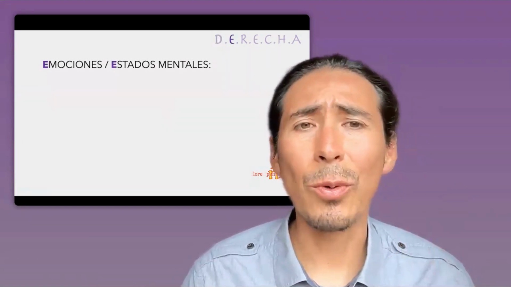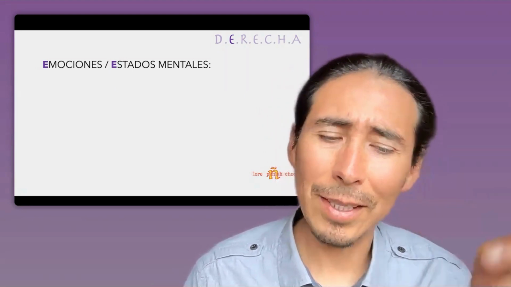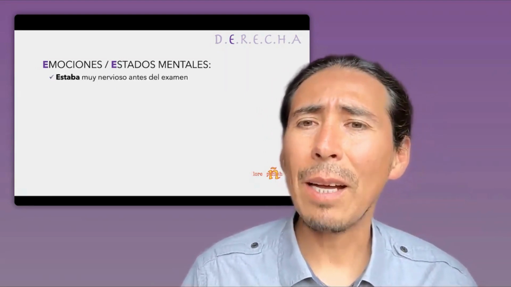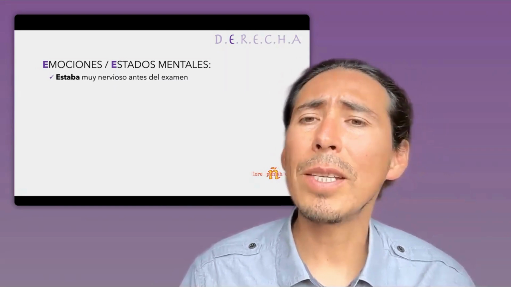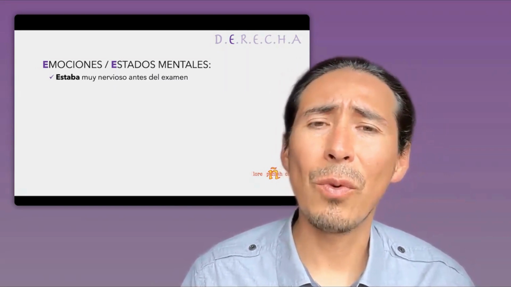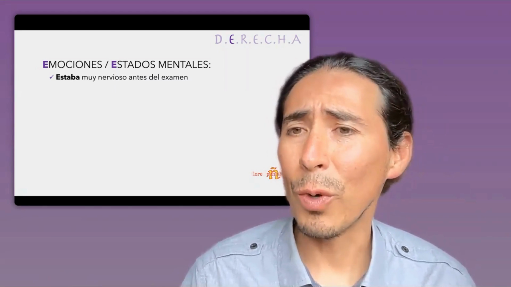Now let's go to the next one. La E. Emociones, emotions, estados mentales, mental states as well. So, estaba muy nervioso antes del examen. I was so nervous before the exam. Or maybe he was, or she was. We don't know.